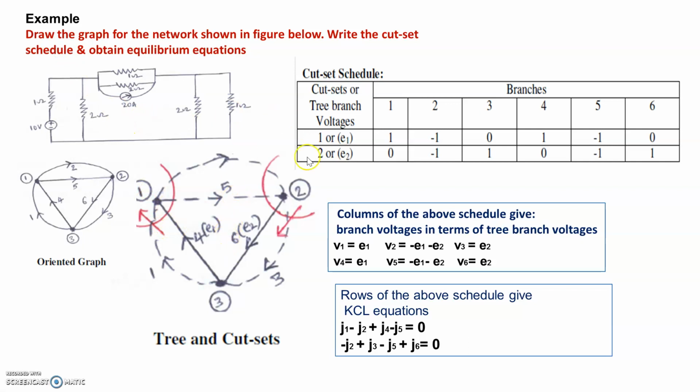Now for E1, E1 is the 4th branch, so the 4th branch is 1, and the remaining branches connected are 1, 5 and 2.